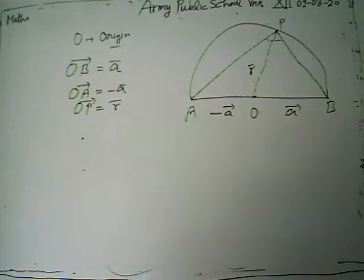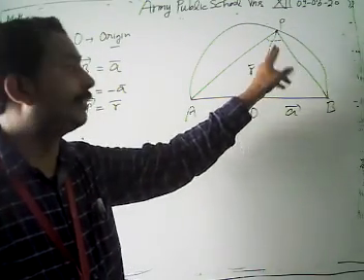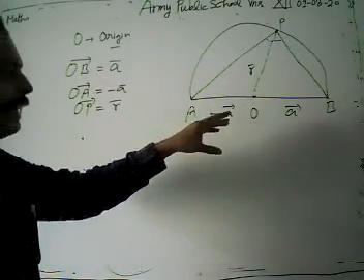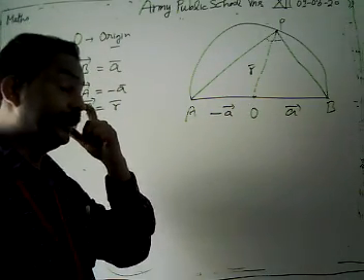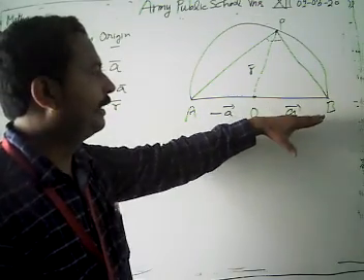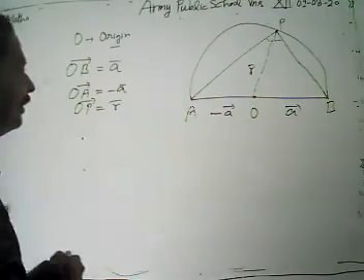How can we get that? First of all, look at triangle OBP. By the triangle law of vector addition, we get OB plus BP is equal to OP.